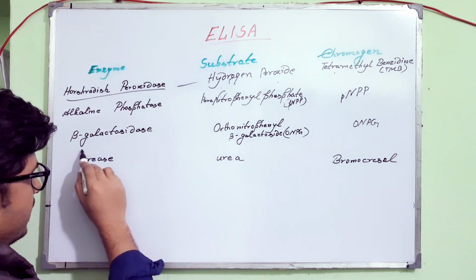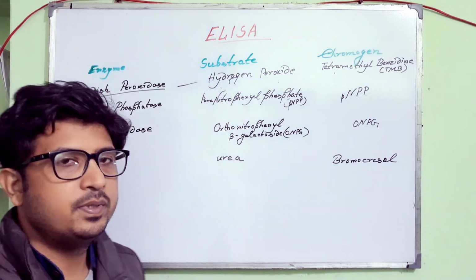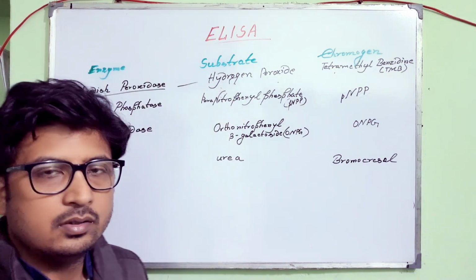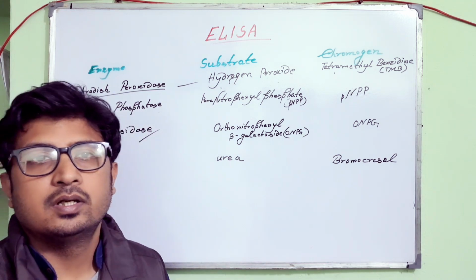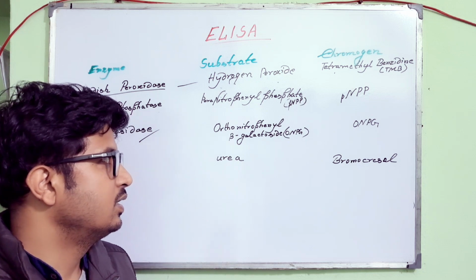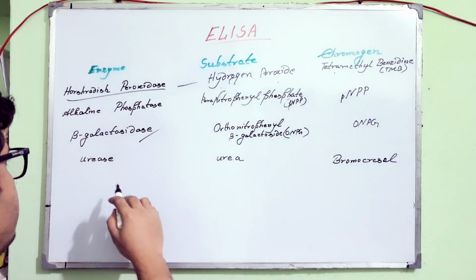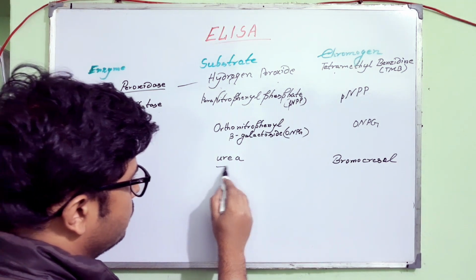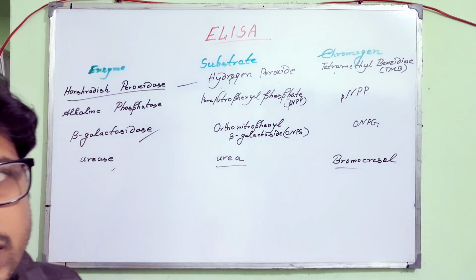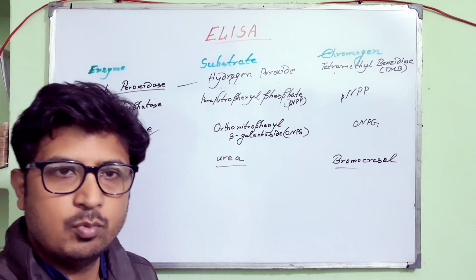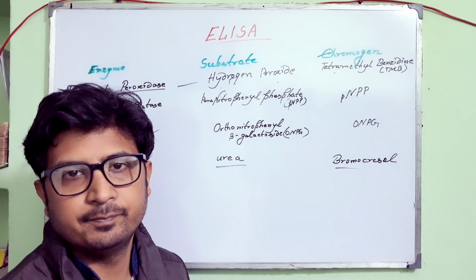In case of beta-galactosidase, ONPG, orthonitrophenyl beta-galactoside, is used, and after the enzyme acts, orthonitrophenol is produced, which itself gives color. In case of urease, the substrate is urea and the chromogen used is bromocresol. Remember that in each individual ELISA, a single enzyme, a single substrate and a single chromogen will be used.